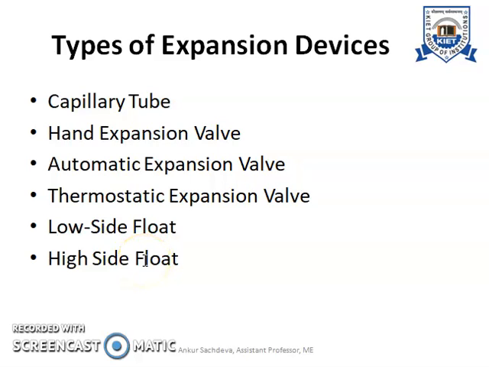If the float valve is used on the side of the evaporator, it is called the low side float valve, and if the float valve is used on the condenser side, it is called the high side float valve.